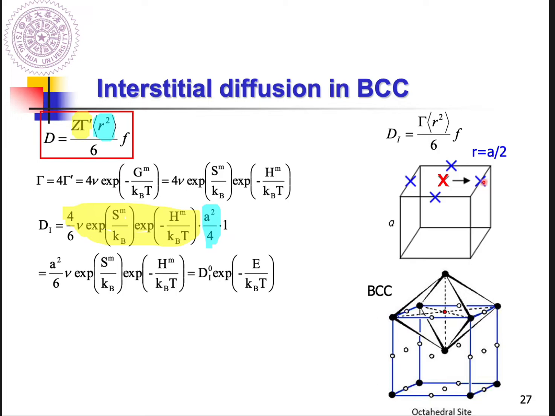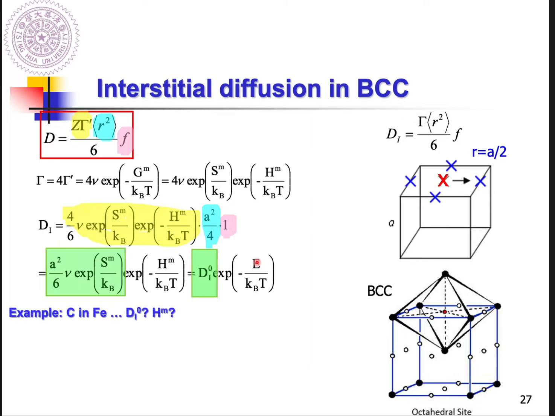Each jump is not related to the previous or next jump, so f equals 1. After rearrangement, you put the temperature independent term here and the temperature dependent term here. So we get D0 here, and the second term is the exponential term. As we mentioned, the energy E here, the enthalpy, is only related to the migration energy, which is associated with the lattice distortion energy, right?